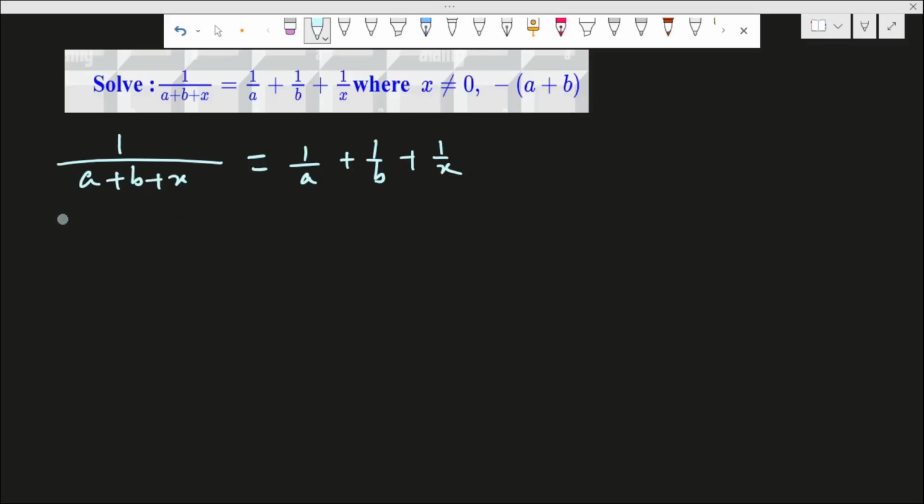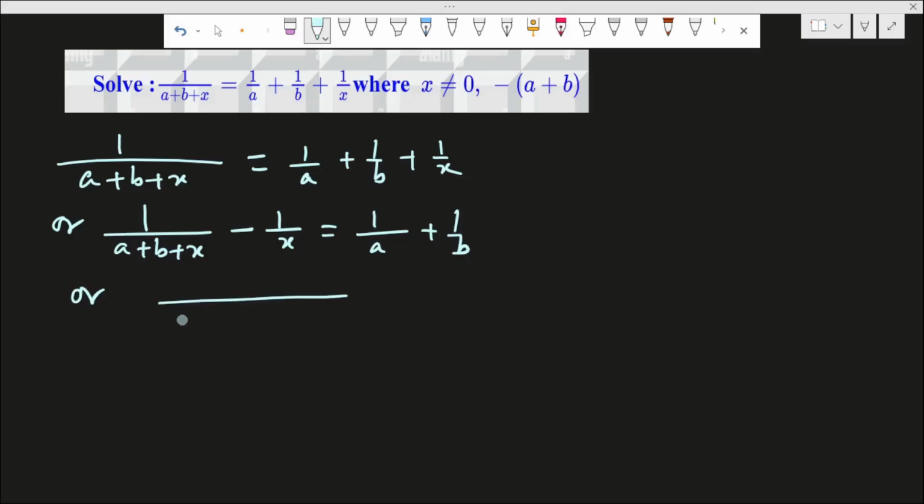That means 1 by (a plus b plus x), transposing 1 by x to the left, minus 1 by x, and the rest of the terms as they are. Now simplifying the left hand side and right hand side.